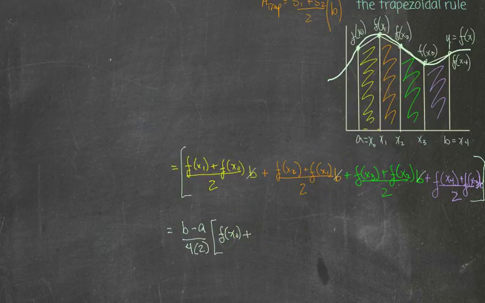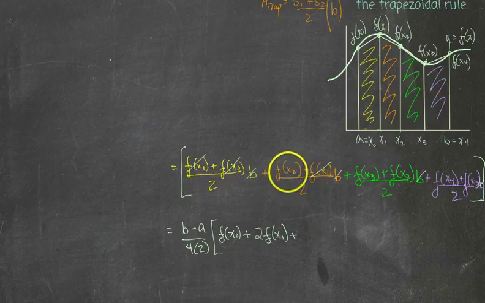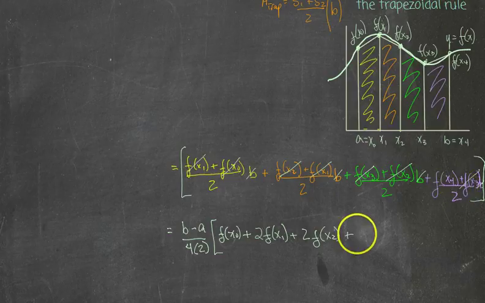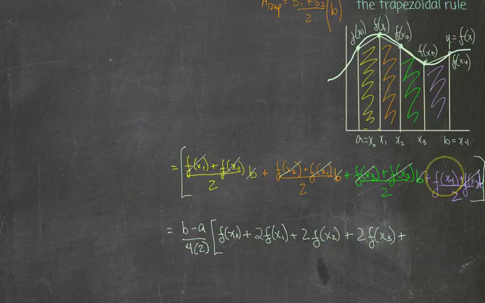So I've got 2, by combining like terms, f of x1s plus, well, I'm taking care of this one, just doing notation, f of x2, and I have another f of x2, so that's 2 times the f of x2 plus 2 times the f of x3 plus, there's only one f of x4 left.